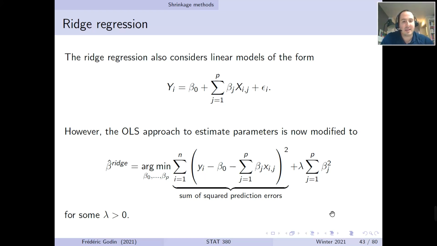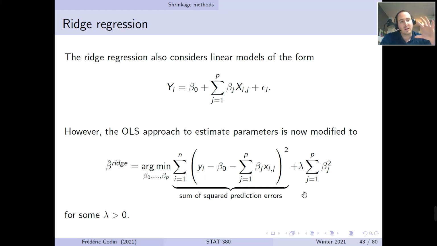What happens here is that this new term imposes a penalty for large values of parameters. Because of that, parameters from a ridge regression, if they solve this problem and lambda is greater than 0, so not exactly 0, will tend to be smaller than for the unconstrained regression, because large values of parameters are now penalized.